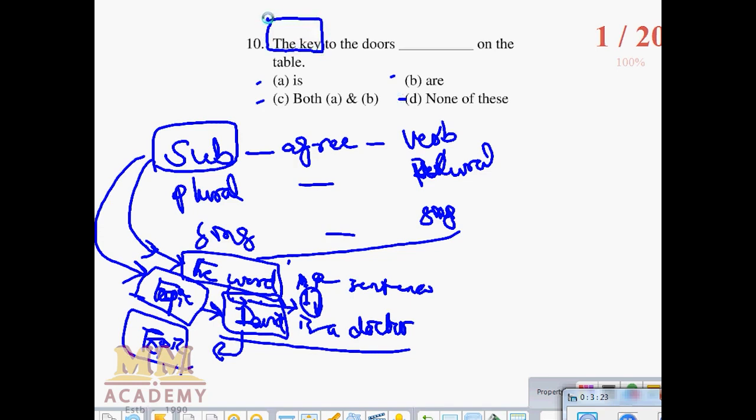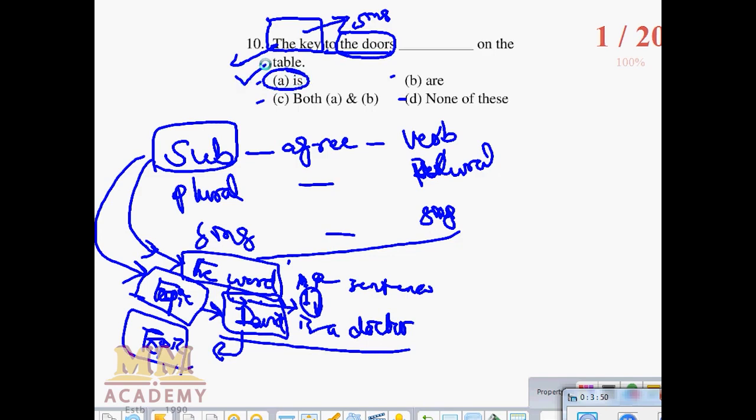The key to the doors dash on the table. Now, is the key singular or plural? The key is singular. You don't have to look at the doors. The doors is not our subject. Our subject is the key. So the key is singular, so we need a singular verb, and it is definitely A. The key to the doors is on the table.